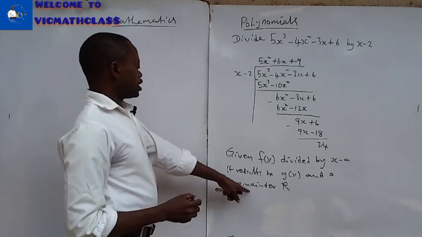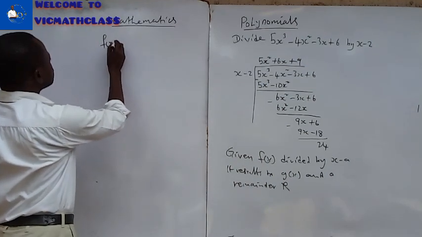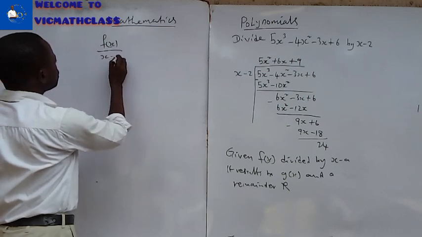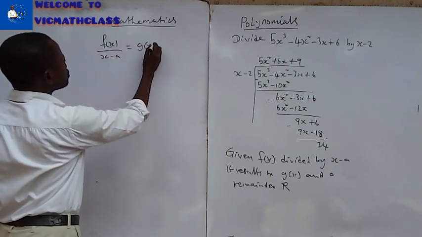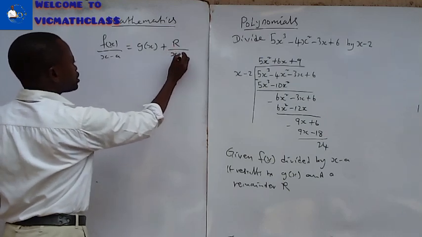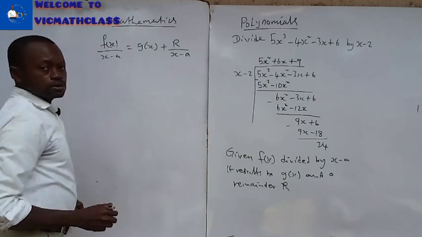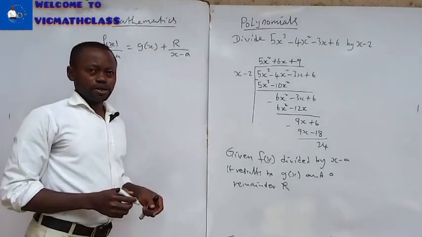So you realize that this can be expressed as f of x over x minus a will give g of x plus r, which is yet to be divided by x minus a. Do we get? So this is what the remainder theorem is all about.